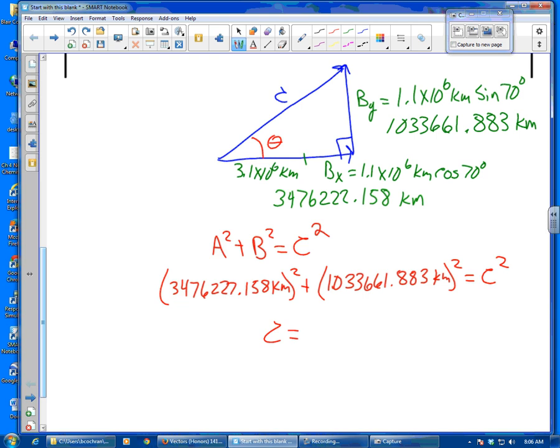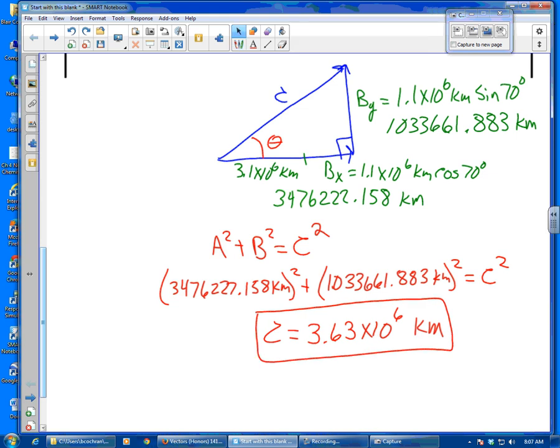The nice thing about having the TI is you can just arrow up. You don't have to retype them. If you don't know how to do that, I can show you. So I get 3.63 times 10 to the 6th kilometers.